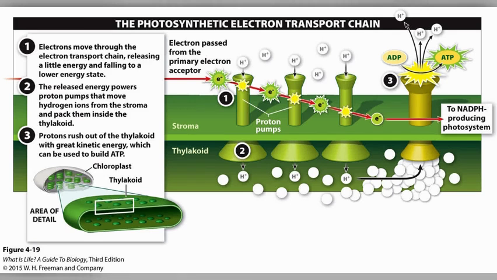In the image that you see, it shows the harnessing of potential high energy electrons. As electrons are passed from the primary electron acceptor to a chain of molecules embedded within the thylakoid membrane called the electron transport chain, the released energy is used to create a proton gradient.